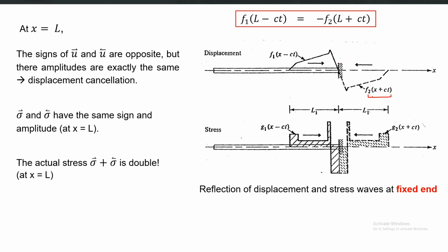Basically it will remain hypothetical until f1 reaches the boundary condition, and then it will become real and it will just move towards the left hand side. So first just imagine that f1 is moving towards the fixed support. Once it hits, consider that f2 started moving exactly at that same time towards the left hand side. So that's why you are actually seeing the opposite direction of the wave in the case of a fixed support.